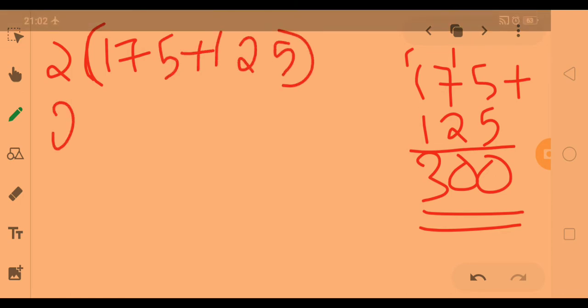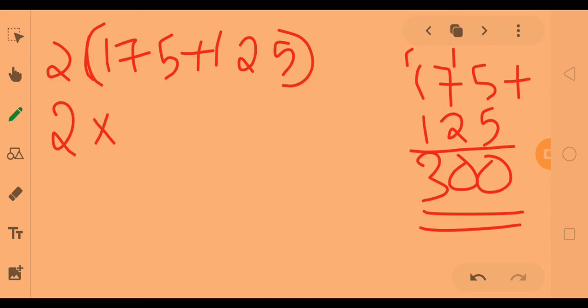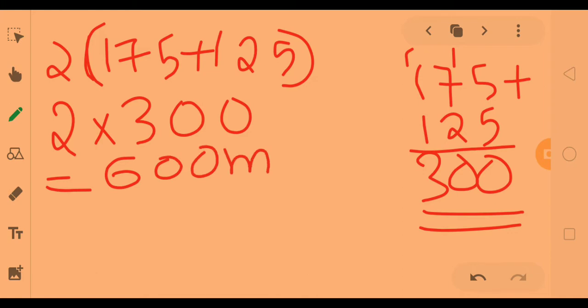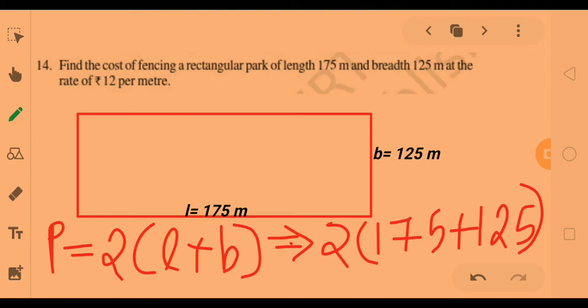Then 2 times, we remove the bracket. Instead of bracket, we give that sum of these two numbers. So 2 times 300, which is nothing but 600. So 600 meter is the perimeter of this rectangular park.